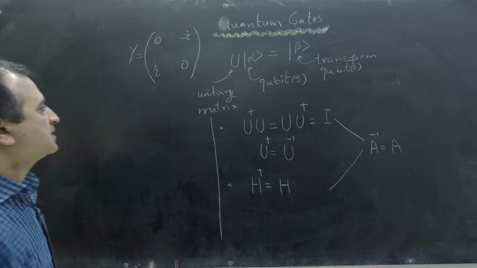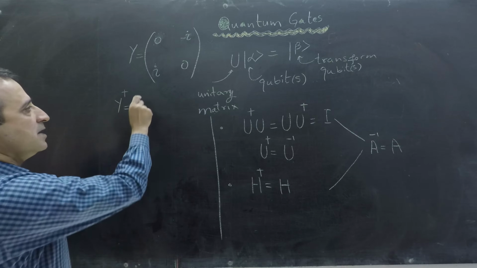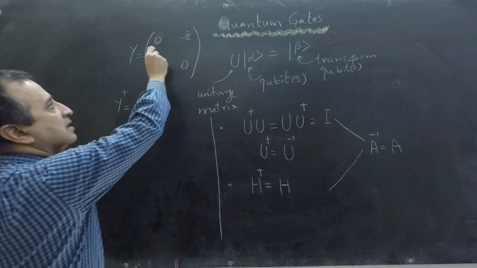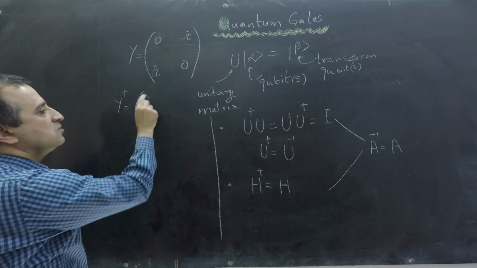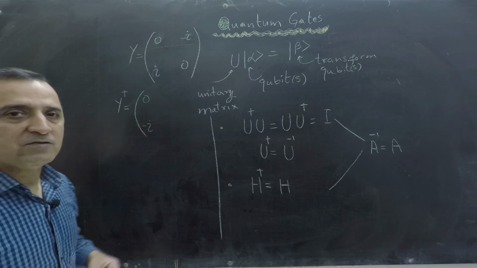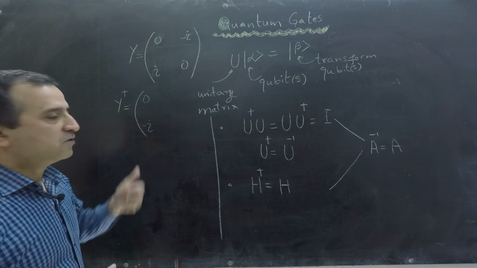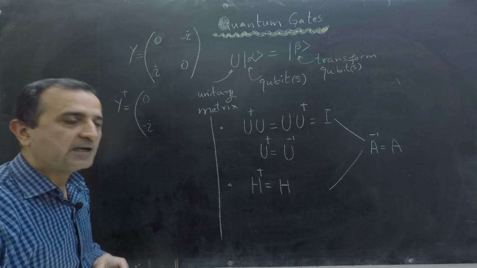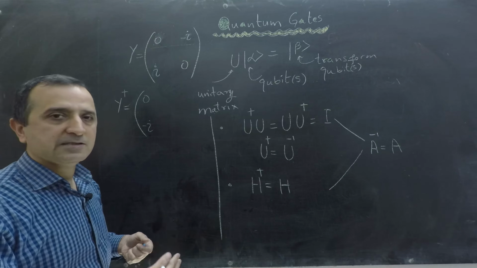So let's try. If I take its conjugate transpose, first I take this row and write it as a column. So 0, minus iota, but I also have to change the sign of all the terms having iota because I have to take the transpose and also the conjugate. And conjugate implies that the terms having iota change their sign.